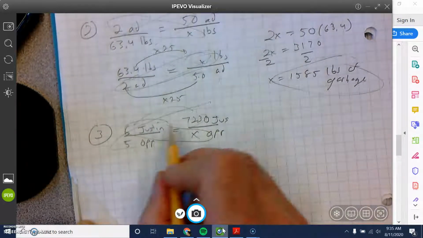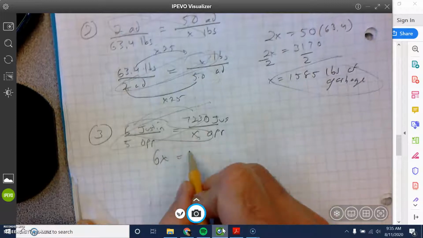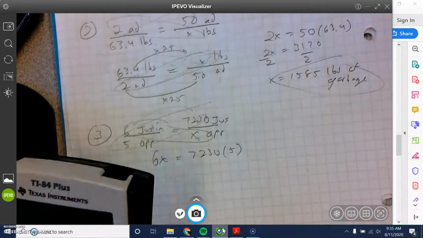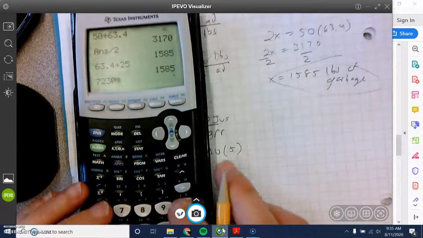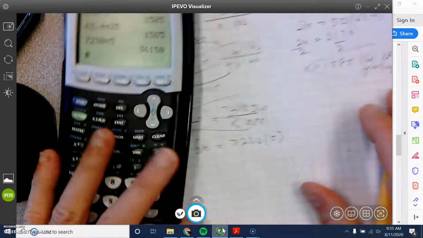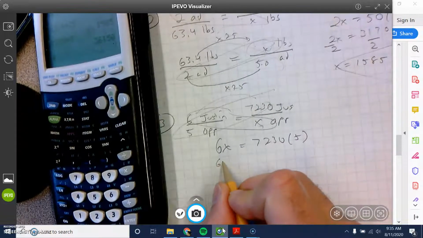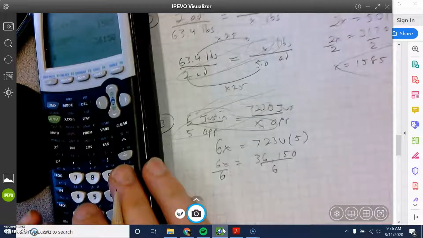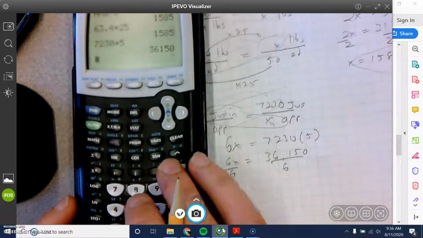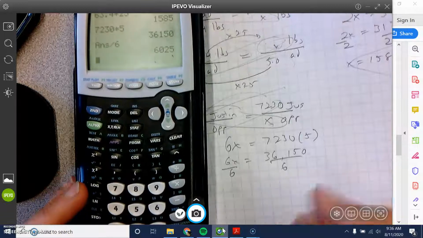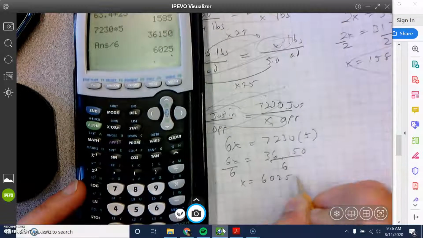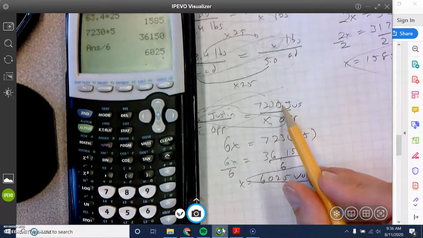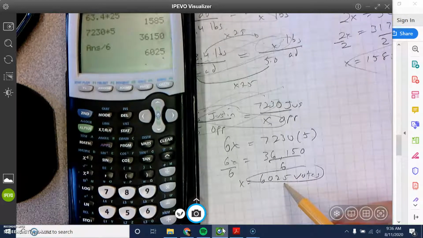Let's cross multiply. 6 times X is 6X, and then 7,230 times 5, bam, is 36,150, divided by 6. How many votes did his opponent get? X equals 6,025 votes. So that makes sense because Justin earned that many votes and his opponent earned less.